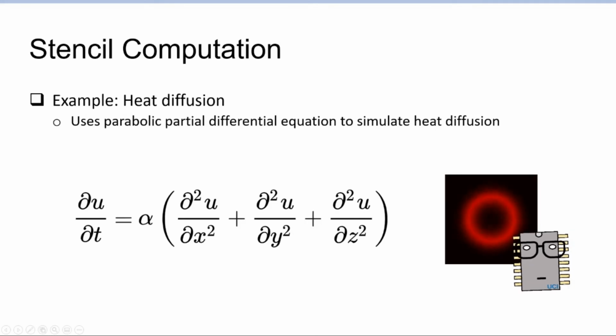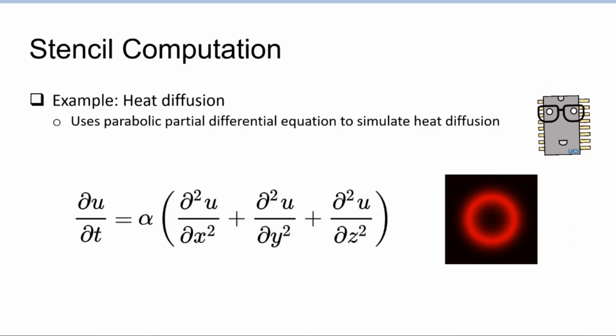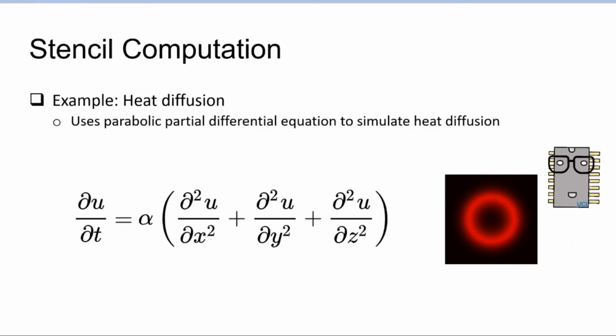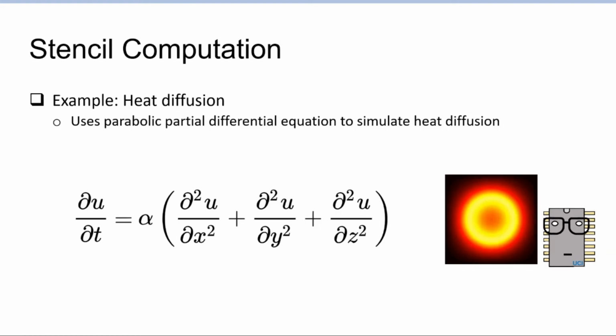For those of you who are not familiar with stencils, stencil computation is a way of solving partial differential equations in an iterative simulation kind of approach. So an example here is a heat diffusion example, which uses partial differential equations to simulate heat diffusion as time goes on.